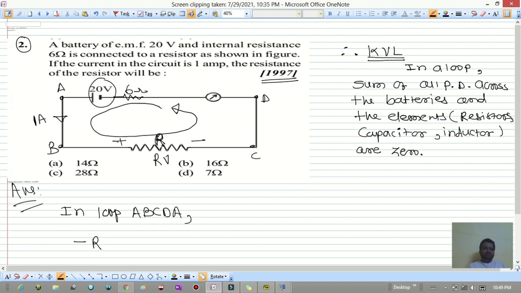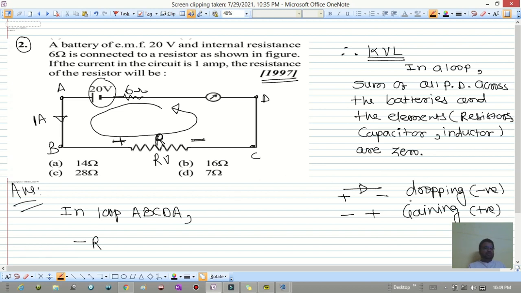And one more thing, if you go from the positive terminal towards the negative terminal, we are dropping the potential. Dropping indicates we have to consider negative. And if you go from negative towards positive, it is gaining the potential, so you have to consider positive potential there.